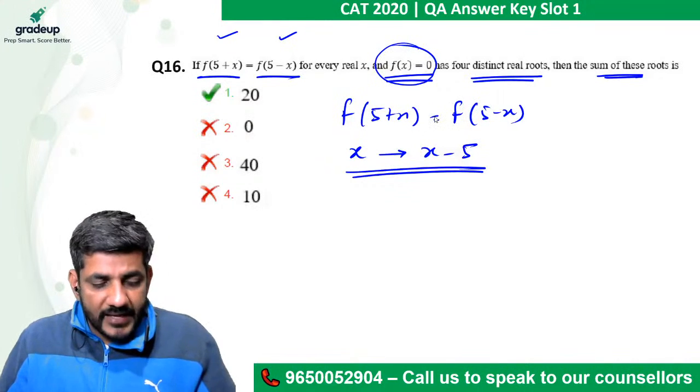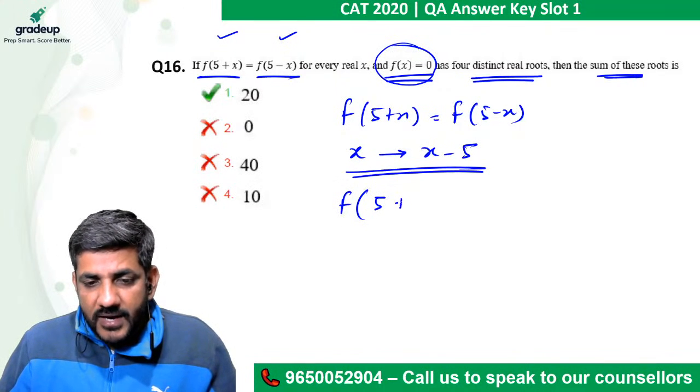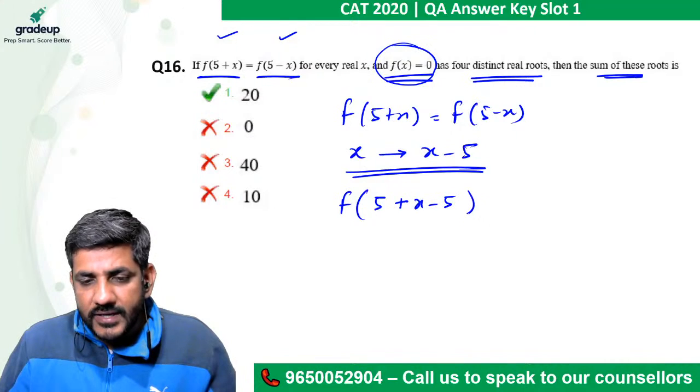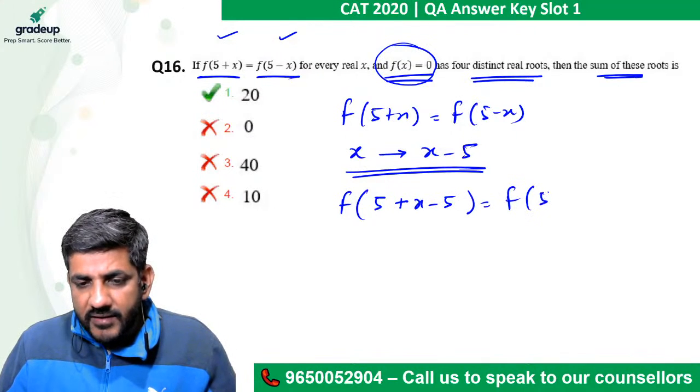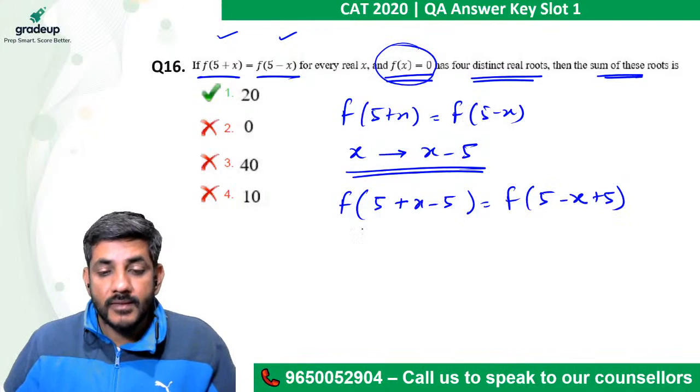You will see if x is replaced by x minus 5, this will become 5 plus x minus 5, and this will become 5 minus x minus of minus, that is plus 5.